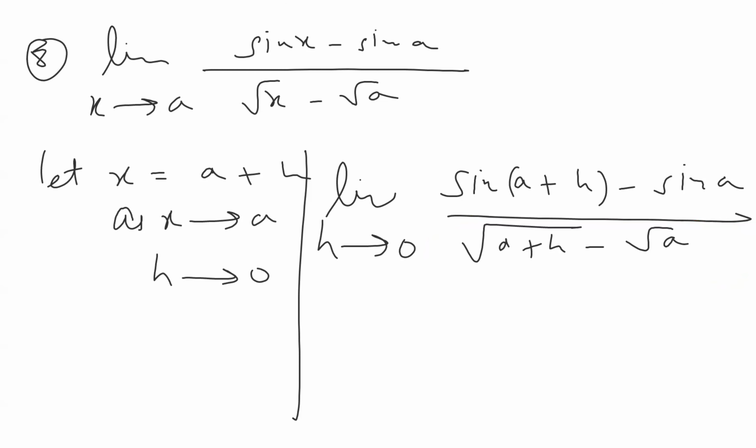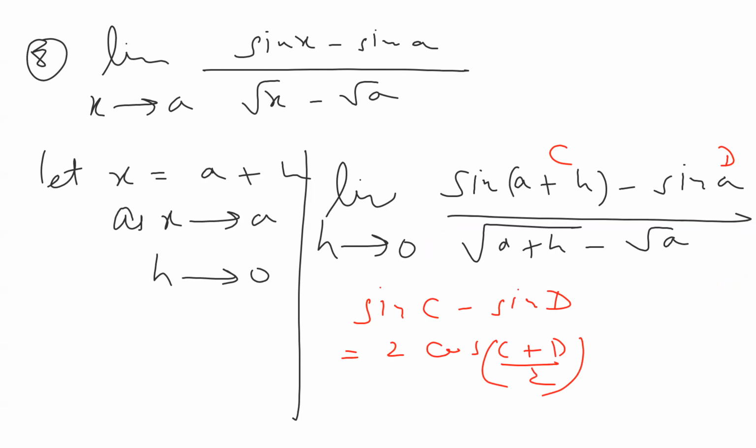In the numerator, I'm going to apply sine c minus sine d formula. So sine c minus sine d is equal to 2 cos of c plus d by 2 into sine of c minus d by 2. We are applying the factorization formula in the numerator, where c is a plus h, d is a.